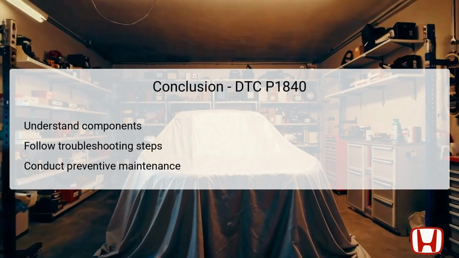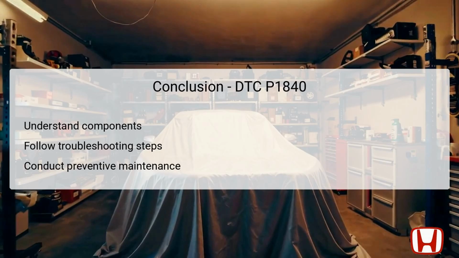In conclusion, understanding the components involved in DTC P1840 is key to effective troubleshooting. The CVT speed sensor and TCM are critical to the smooth operation of the transmission system in your Honda CR-V.